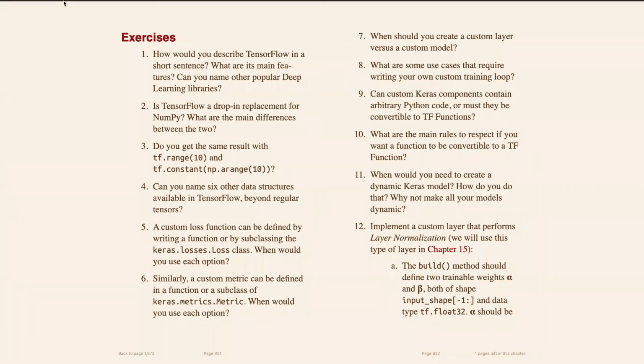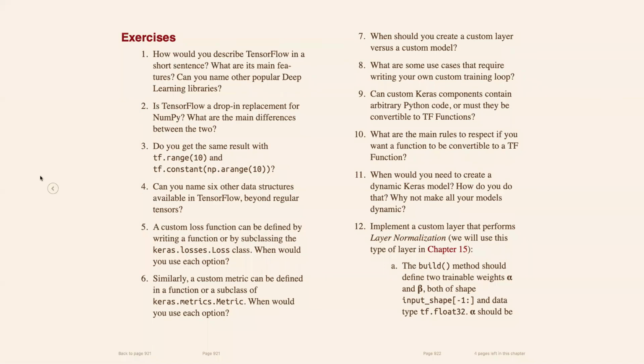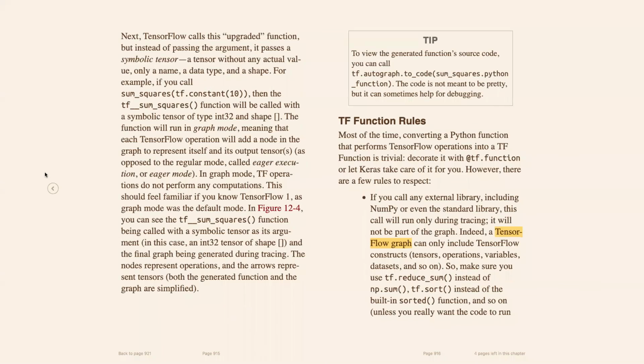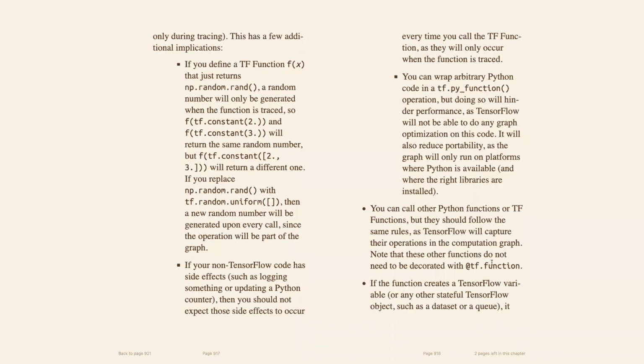So I guess we have to repeat a couple of things you already said. When we are doing those operations, we need to use things like reduce sum rather than sum, tf.sort instead of the built-in sorted function, and so on and so forth. And then I think the rest they have listed here.